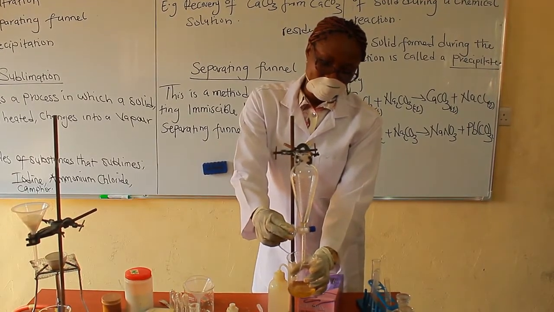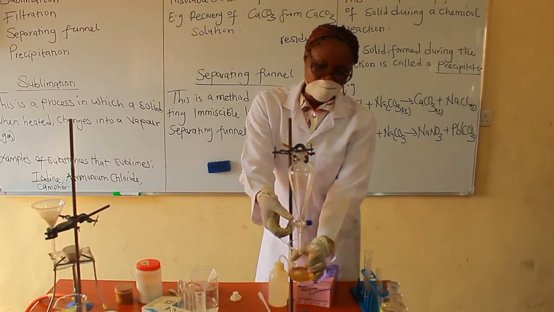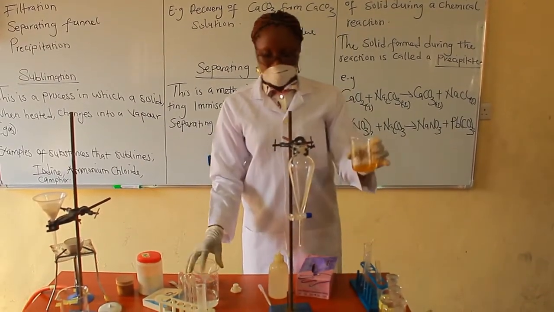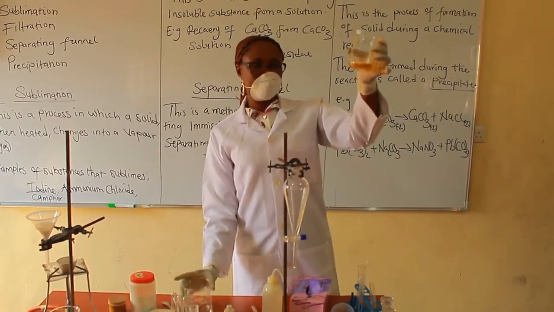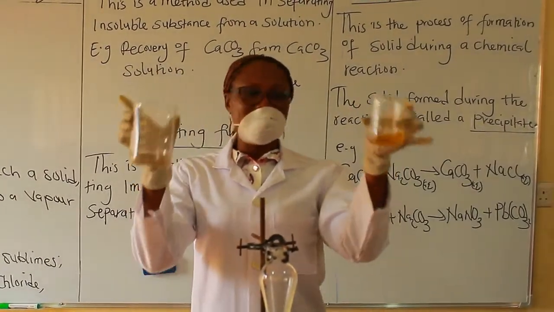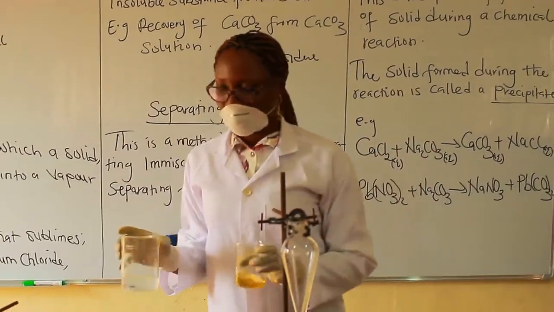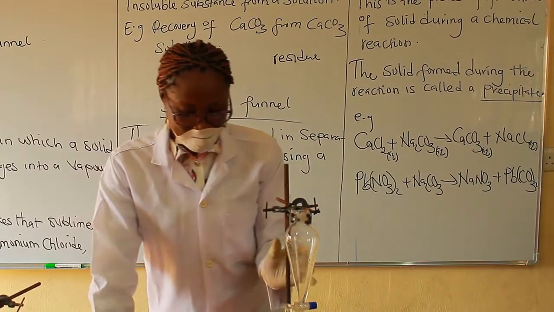So that's it. This method is so simple if you have a separating funnel. So this is our petrol and this is our water. When we started, it was a mixture. Now we have just the petrol and then the water. So that is that for the separating funnel.